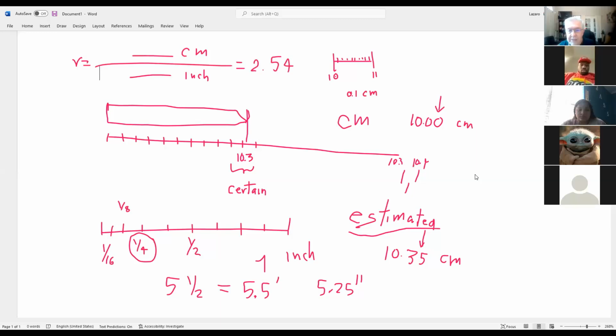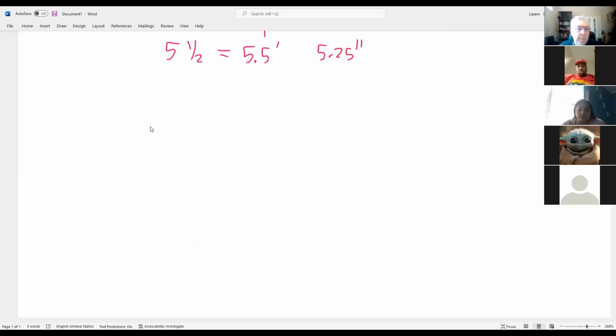In multiplication, let me go over multiplication. For example, if you are going to multiply 3.2 times 0.01, you have to observe that 3.2 has two significant figures, yeah?